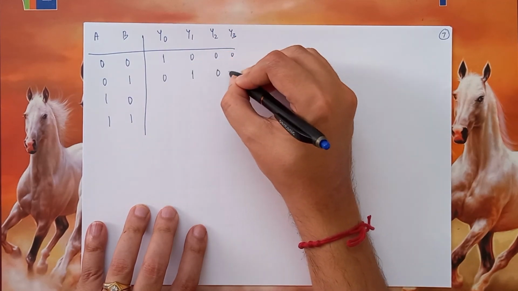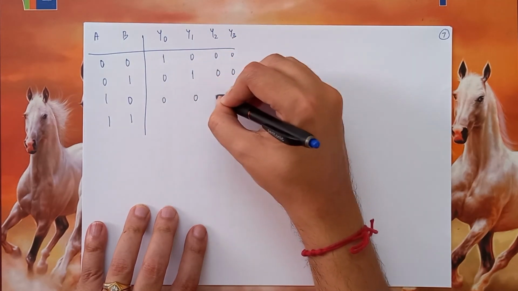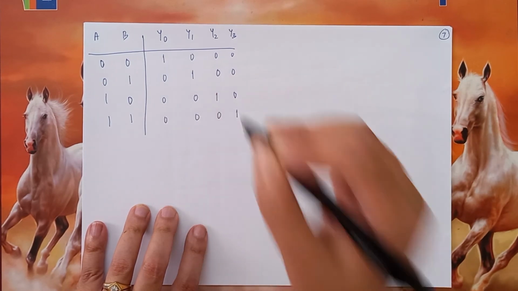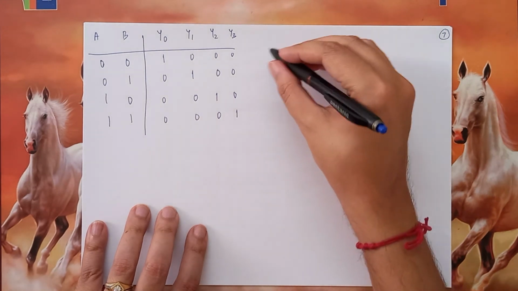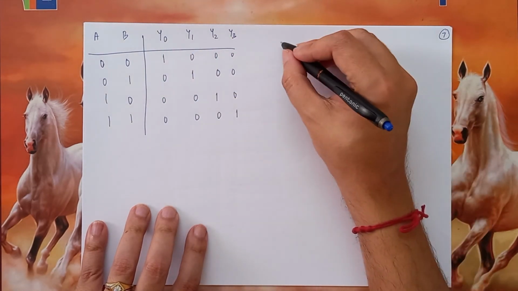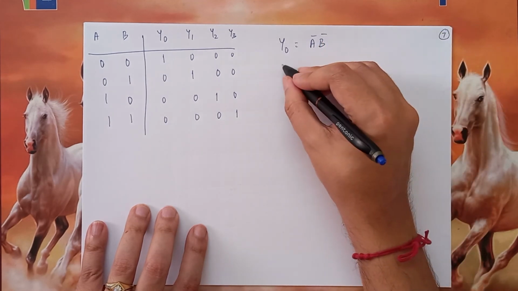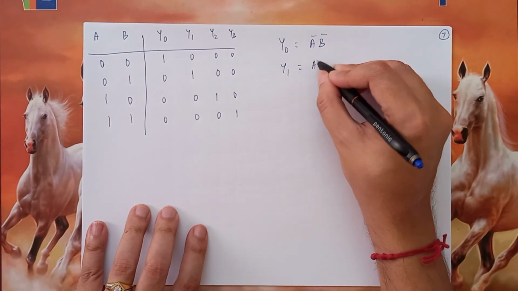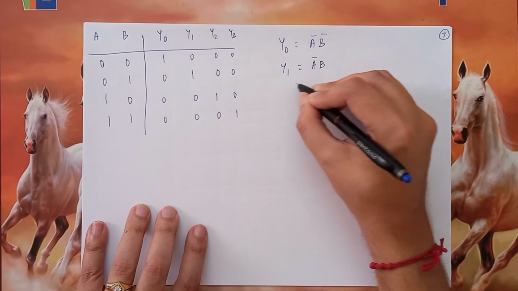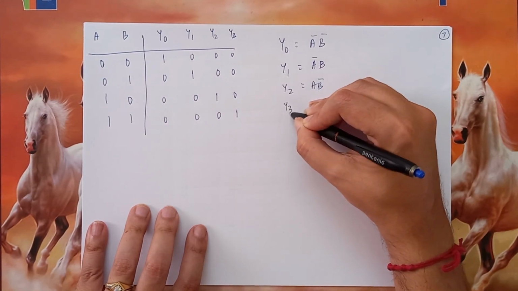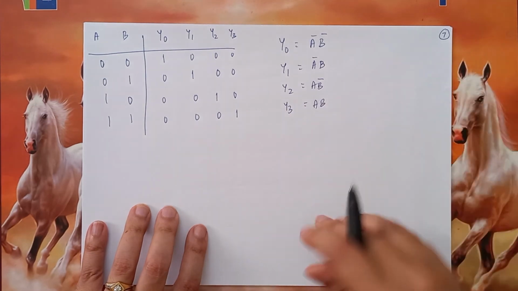Here Y1 will be 1, next Y2 will be 1, finally Y3 will be 1. So just by looking at the minterms, Y0 equals A bar B bar, Y1 equals A bar B, Y2 equals A B bar, and Y3 equals AB.